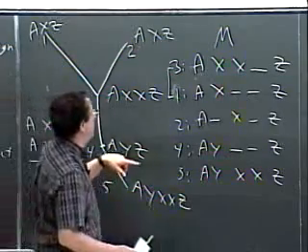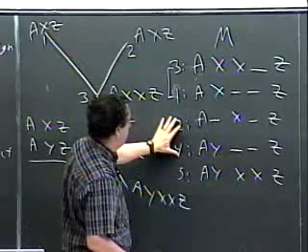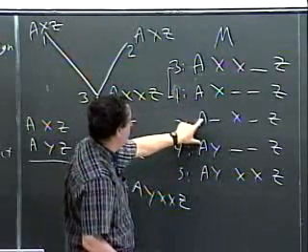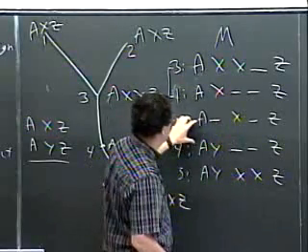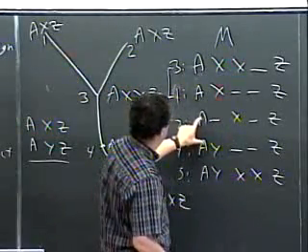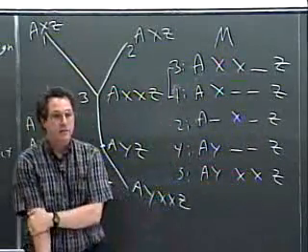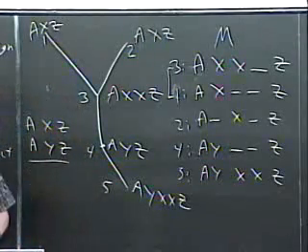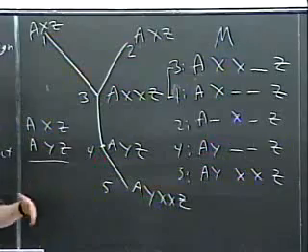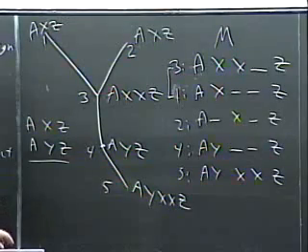But the induced alignment here of AXZ, 2 and 4, and AYZ, it has one match, two matches and two spaces. So that's not as good as this one, which has two matches and one mismatch. We're just counting matches, mismatches, and spaces, okay? Not putting particular values on them.